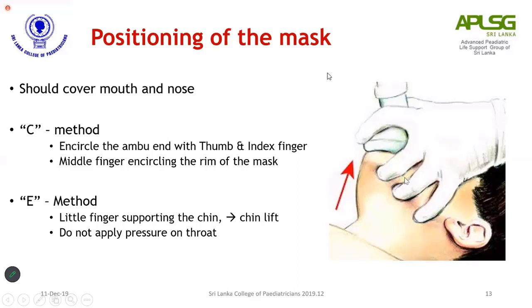When you are doing this, remember not to unduly press on the throat area because that can cause upper airway obstruction. So this is the proper way of positioning of the mask before providing effective bag and mask ventilation.